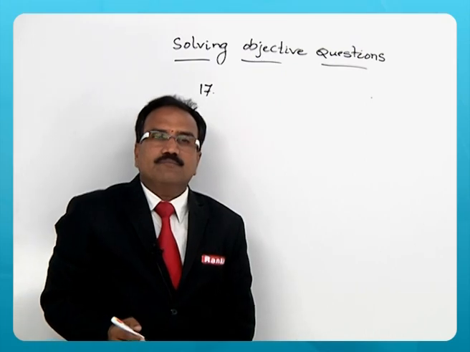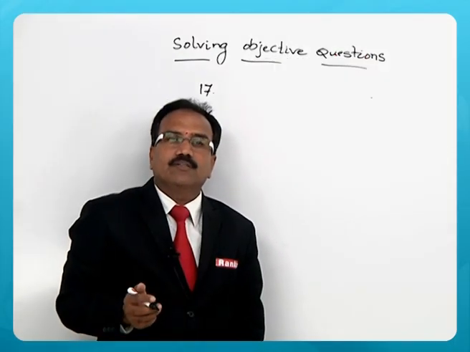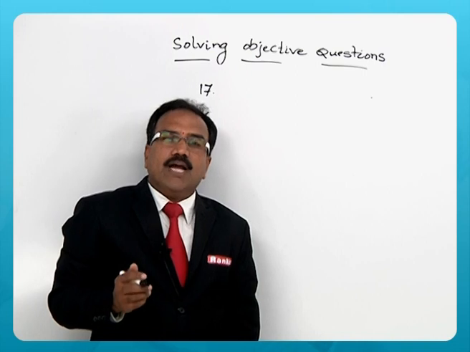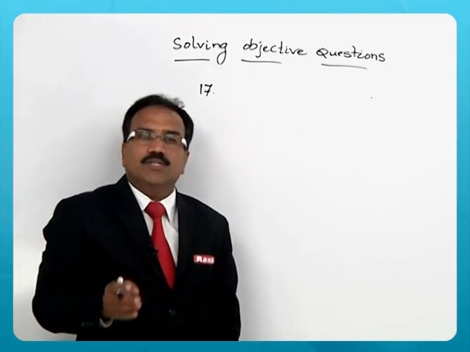Question number 17, systems that are less sensitive to the parameter variations. Again here, among the two, open loop or feedback control system. Because of the feedback, the plant output is always accurate.